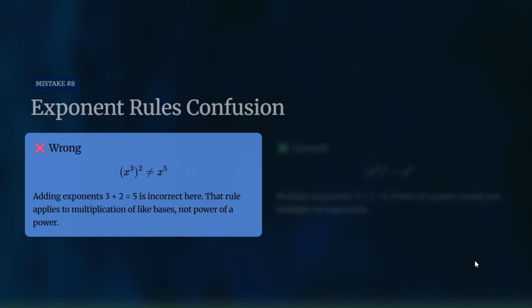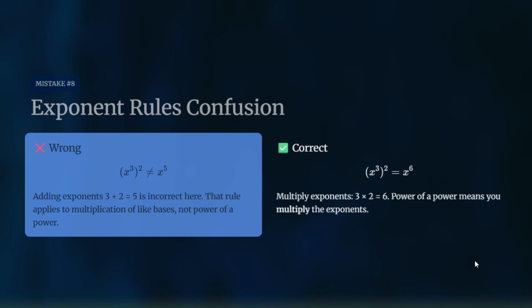In this case, that rule applies to multiplication of like bases, not power of a power. So if you have a power of a power, you will multiply the exponents. So x cubed squared will be equal to x to the power 6. So here's your memory tip. Power of a power, multiply exponents. Same base multiplied, you will add exponents.